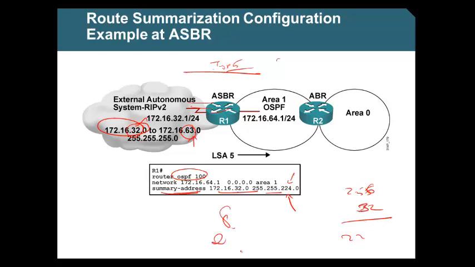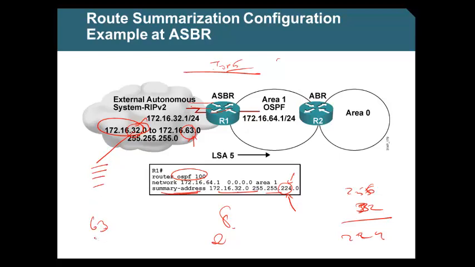Now, by writing 224, you are saying from 32 to next 32. 33, 34, 35, 36. It will go up to 63. After 32, next 32, which will go up to 63.